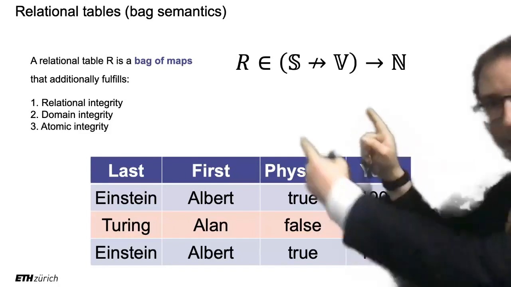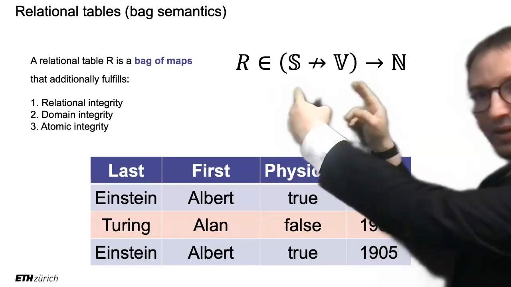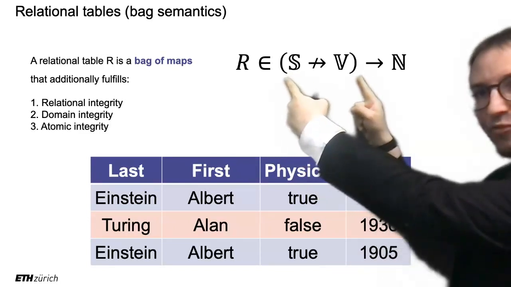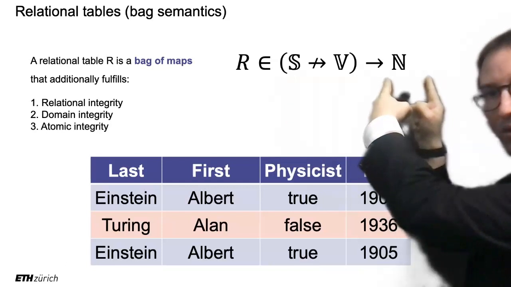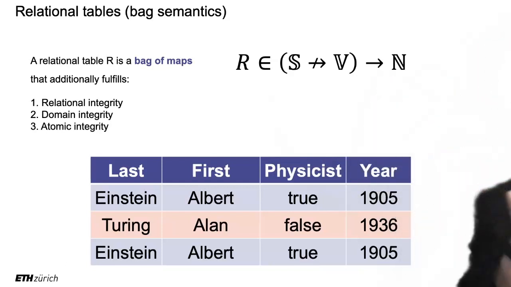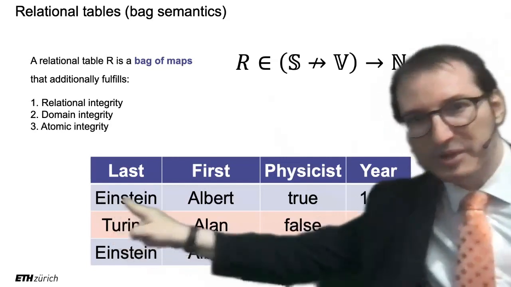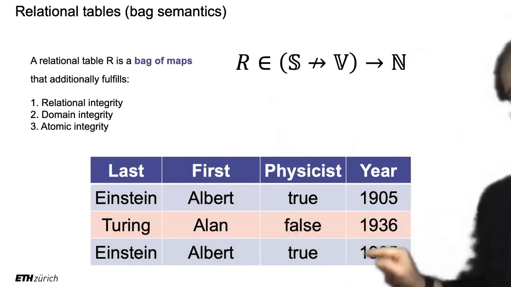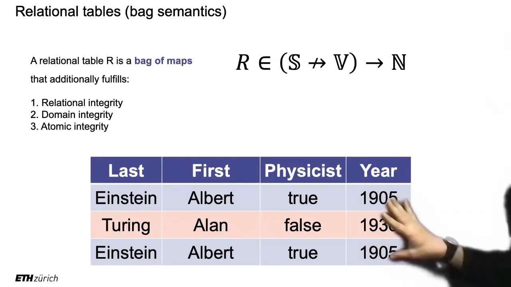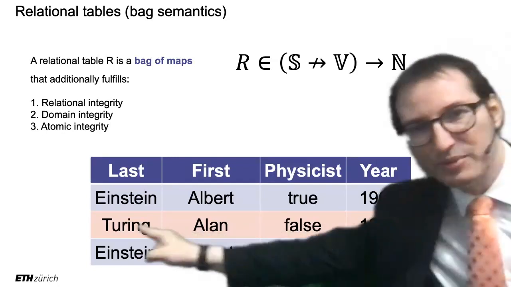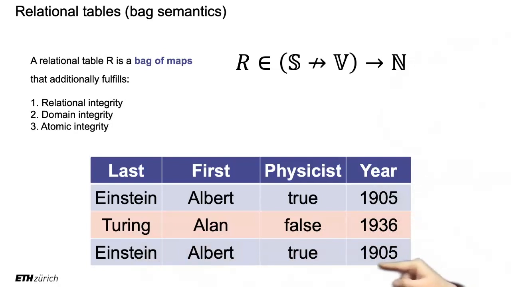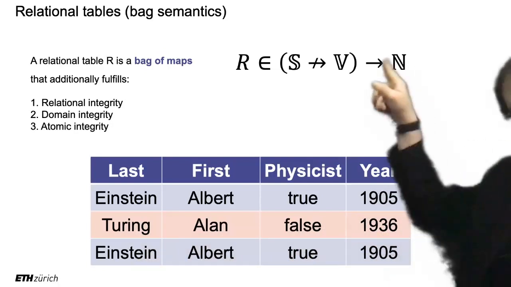This here is a function that associates every map with an integer. Every map is associated with an integer. So this map here is associated with what value? 2, because it's twice in there. This map is associated with value 1. And every other map, there is no cross in here, right?